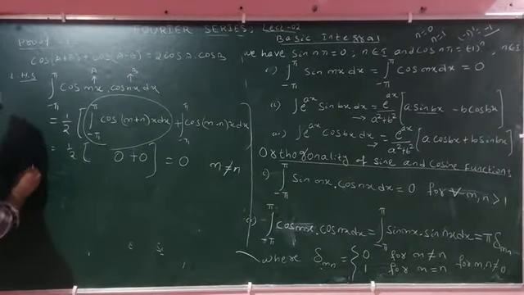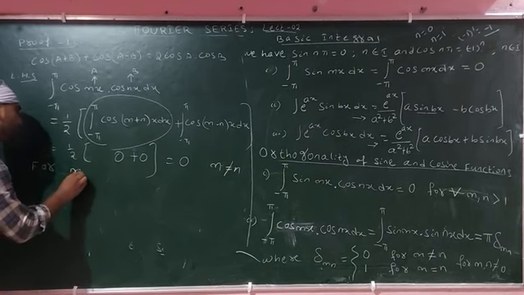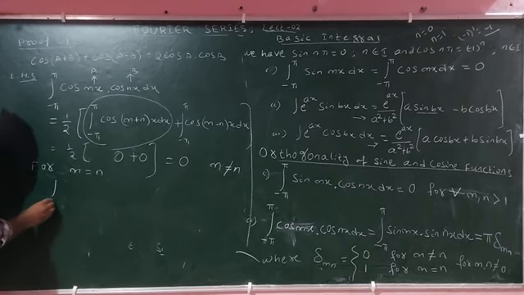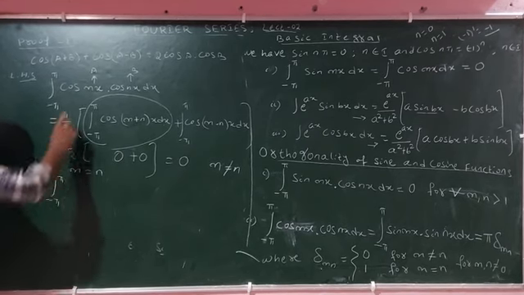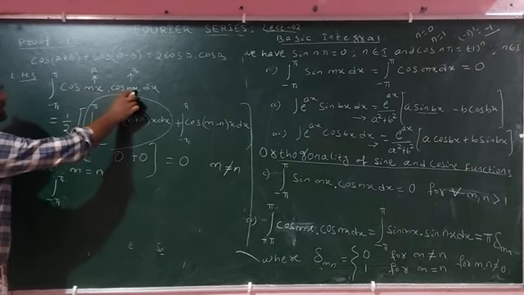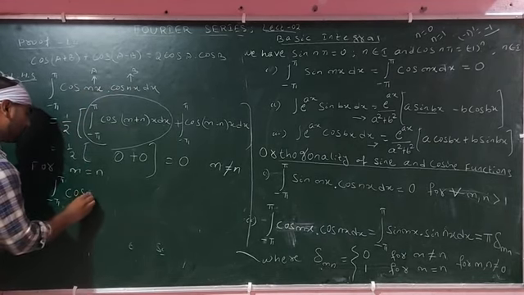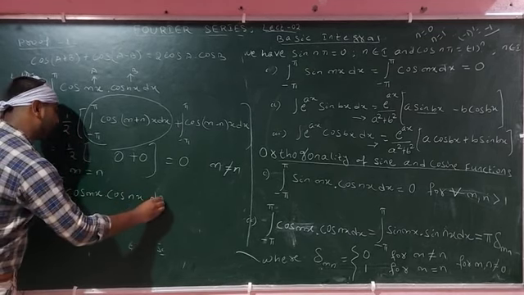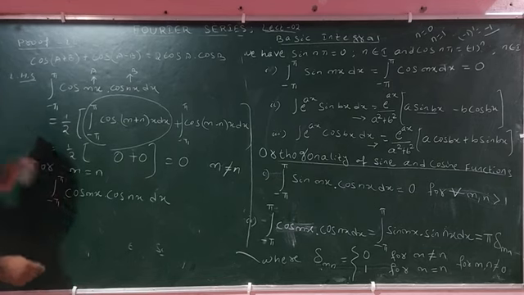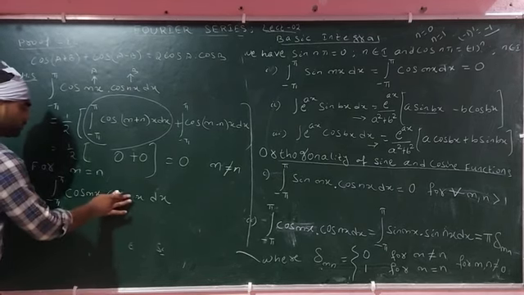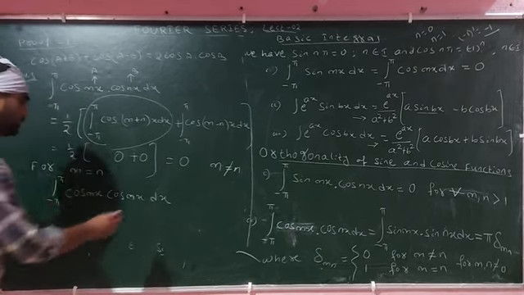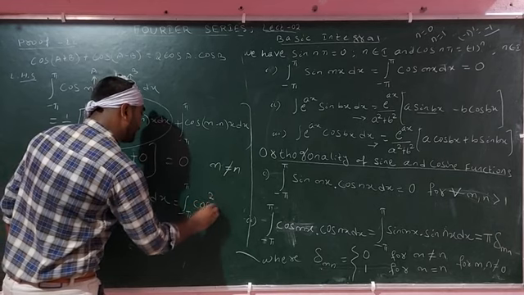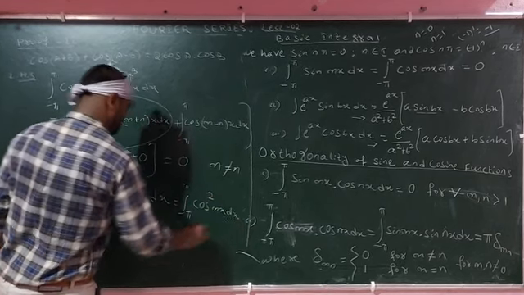Now for m equals n, the integration from minus pi to pi of cos mx into cos nx dx. Here n equals m, so we put cos mx, which becomes the integration from minus pi to pi of cos square mx dx.